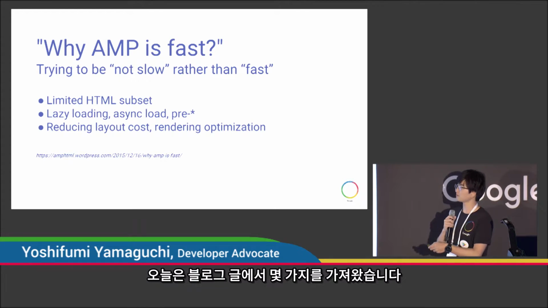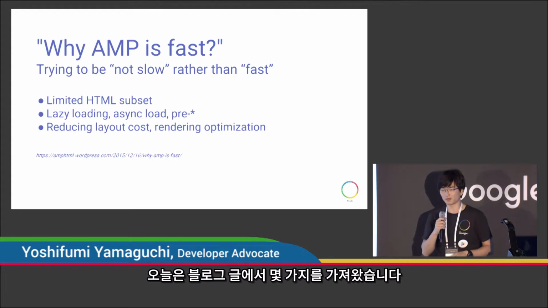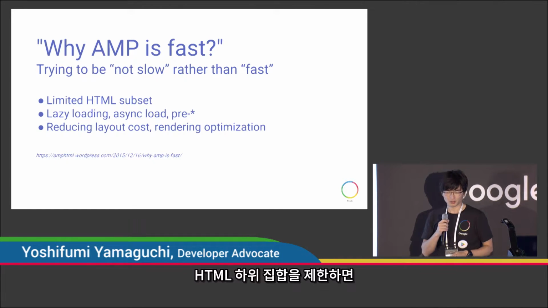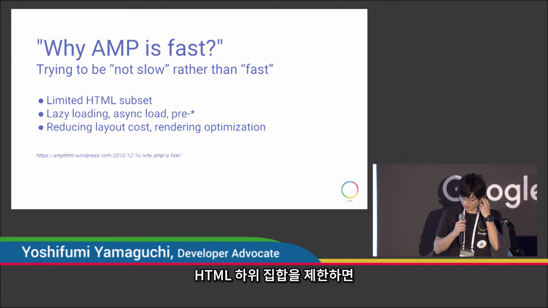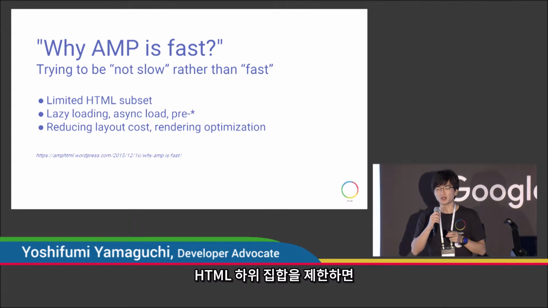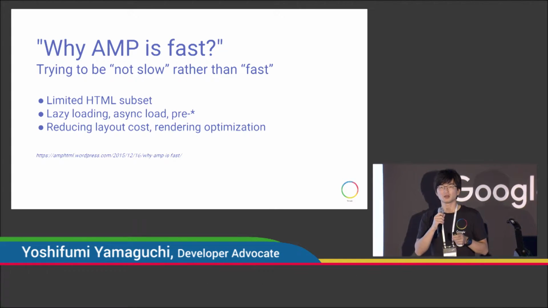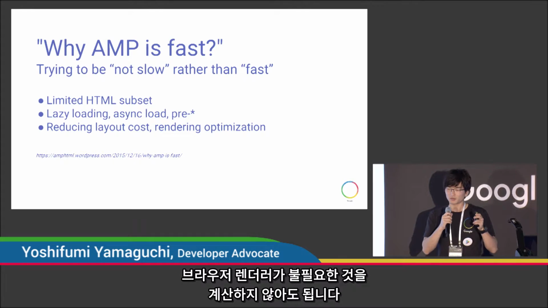So I listed some points from the blog post. The blog post says that with the limited HTML subset, the renderer of the browser doesn't have to calculate unrequired things.